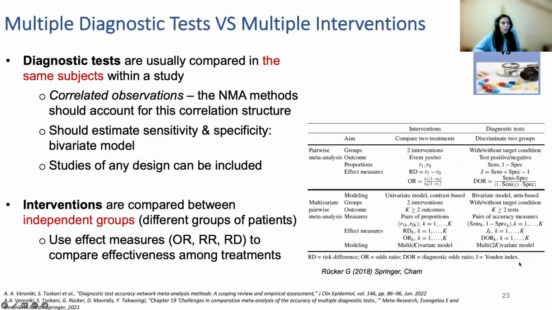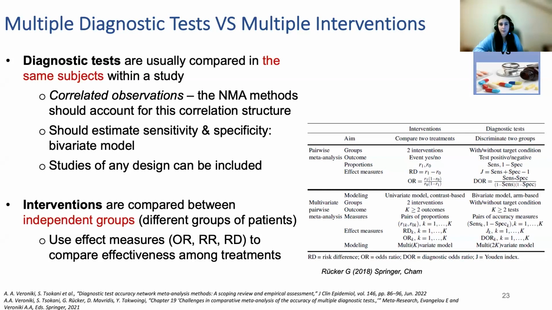Okay, so when we have many studies evaluating many tests, we can perform a network meta-analysis. Network meta-analysis is an extension of the pairwise meta-analysis that we saw before, that allows us to compare multiple tests in a single framework.